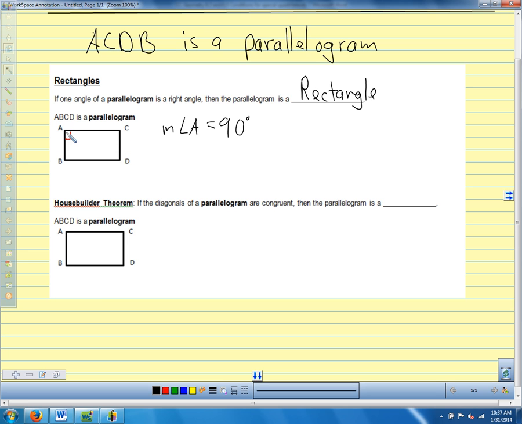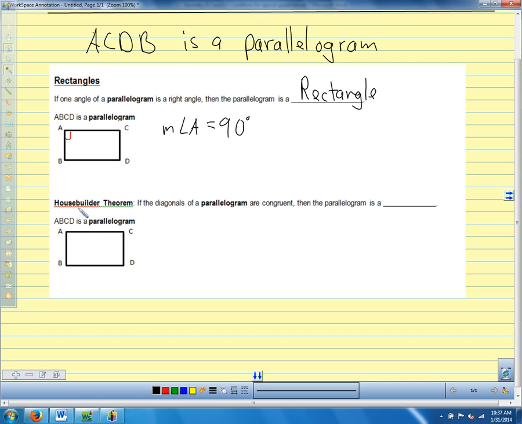Supplementary. So these two angles have to add up to 180 degrees. One of them is 90 degrees, so the other one has to be 90. So if we know that one angle in a parallelogram is 90 degrees, we can figure out that all four are 90 degrees. And we have a parallelogram of four 90-degree angles, which makes it a rectangle. So nice way to figure out if we have a rectangle.